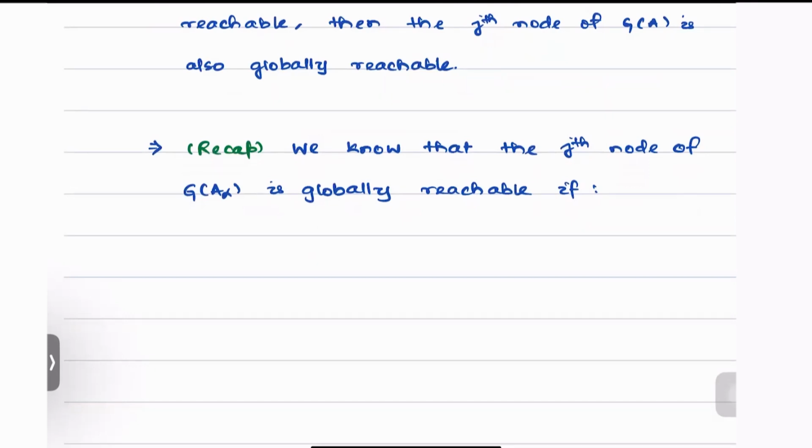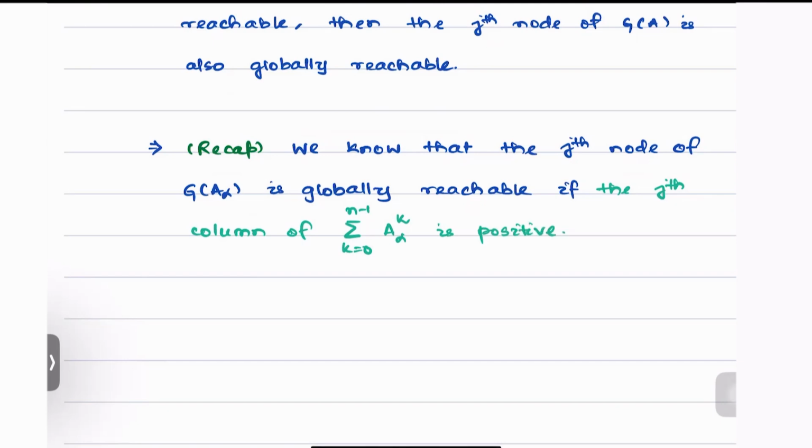Let's highlight it in a different color. If the jth column of the summation, k from 0 to n minus 1, of A_L raised to the power k, is positive.